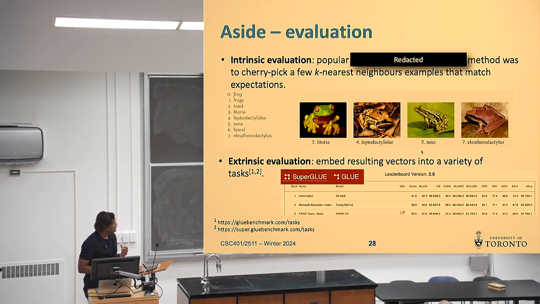SuperGLUE and GLUE are two, I'd say old by now, benchmarks where you have a bunch of tasks, and you can use these embeddings to measure performance on those tasks. That gives you a qualitative, empirical result of how well the word embeddings are doing on downstream tasks.